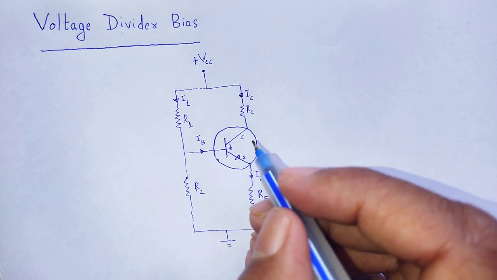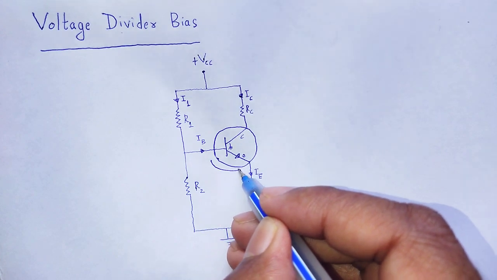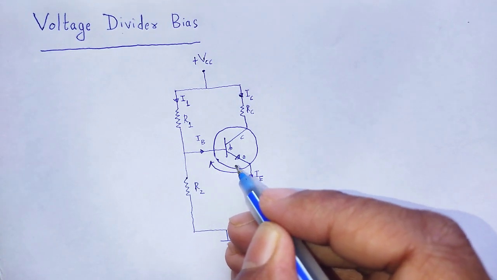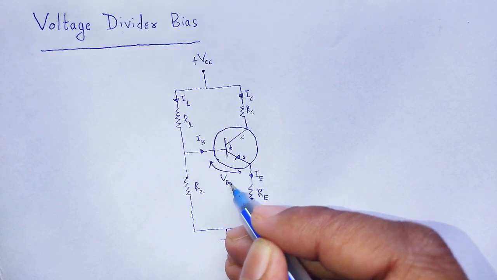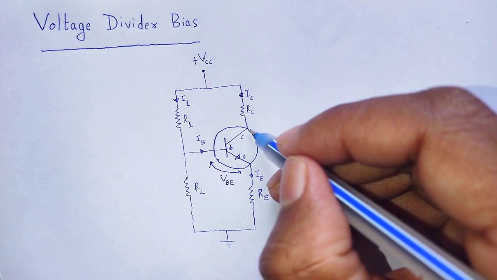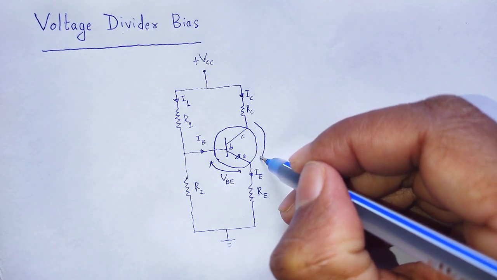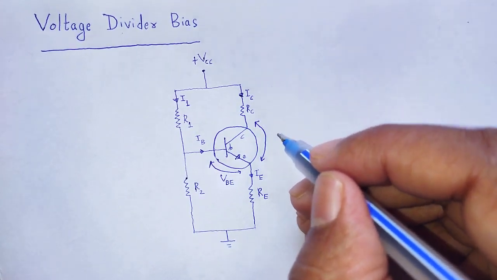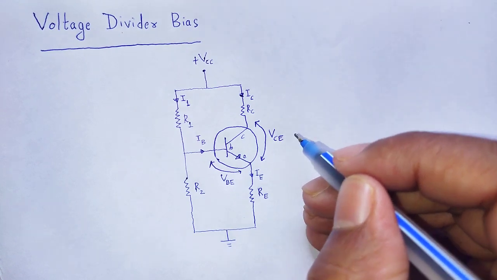The potential on emitter base junction is the input junction, that potential V base emitter, and potential on collector emitter junction, that the output junction, collector emitter junction.